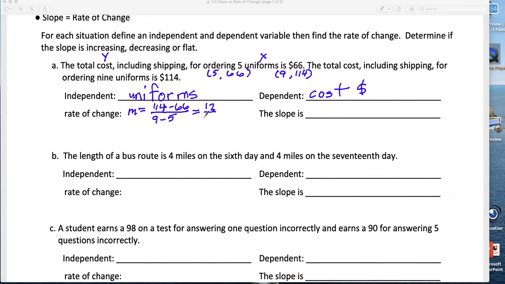Okay, so we have Y's over X's. So what does that mean over here? This is a Y. Y was cost in dollars. So that tells me my rate of change is $12 per, what was down here? Uniform. This was uniform, which was independent, and its X's on the bottom.